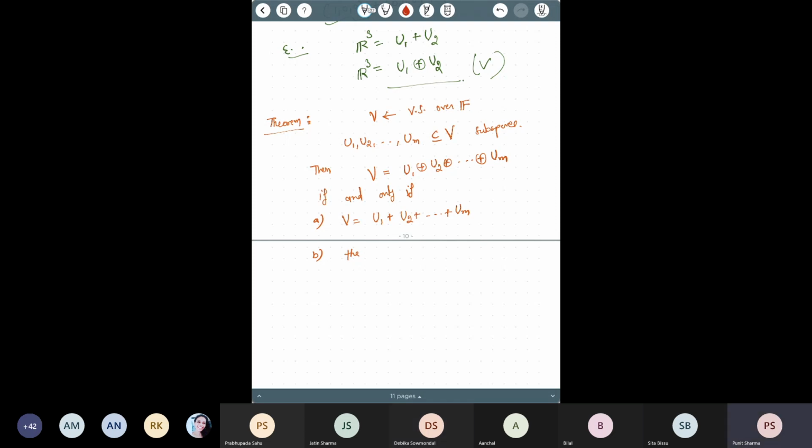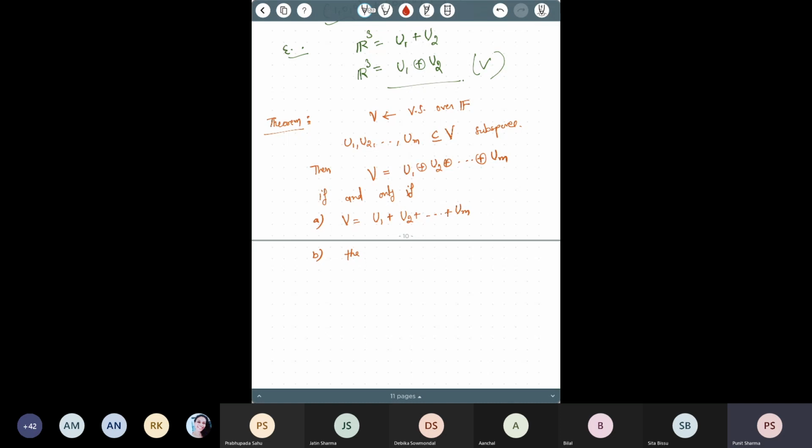So now I am giving you a condition which doesn't say anything about the intersection, but it gives you a way to check whether it is a direct sum or not. The first condition is that it has to be a sum, which it should be by definition.